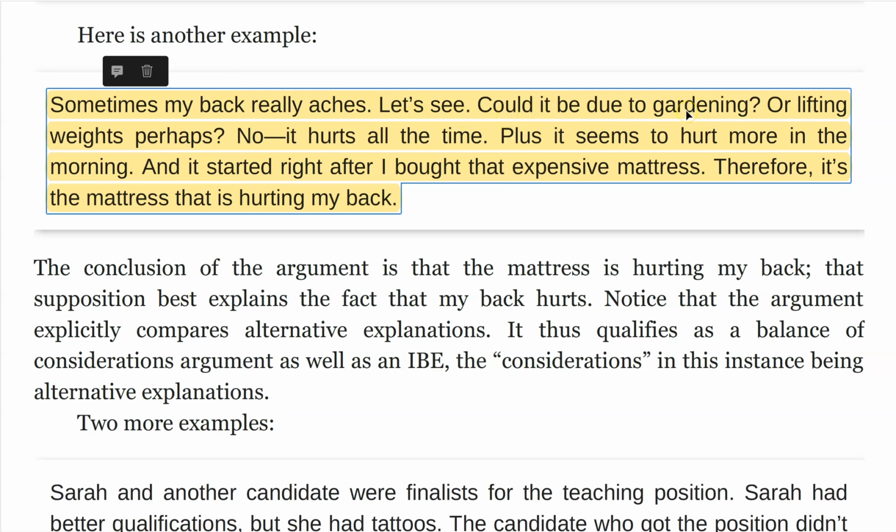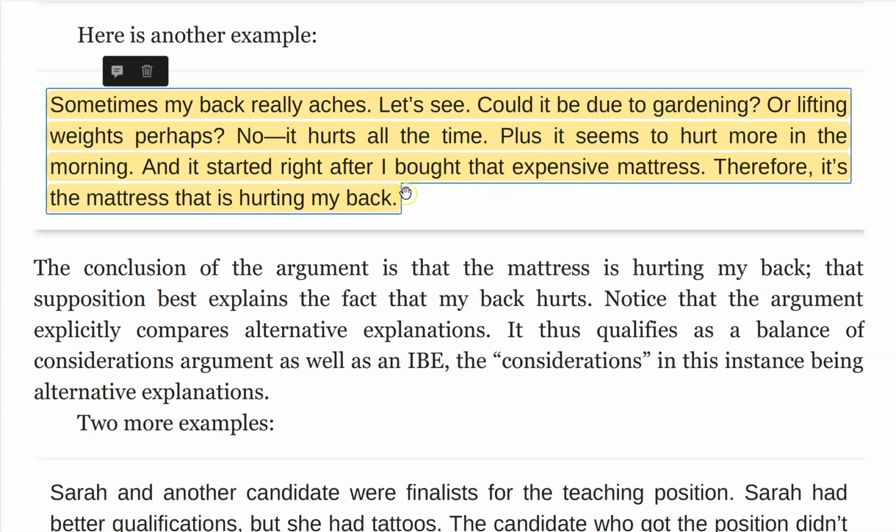Could it be due to gardening or lifting weights, perhaps? And then they dismiss that explanation because their back hurts all the time and they're not always gardening or lifting weights. And then we get this extra bit of information. Plus, it seems to hurt more in the morning. And it started right after I bought that expensive mattress. Therefore, it's the mattress that's hurting my back, right?